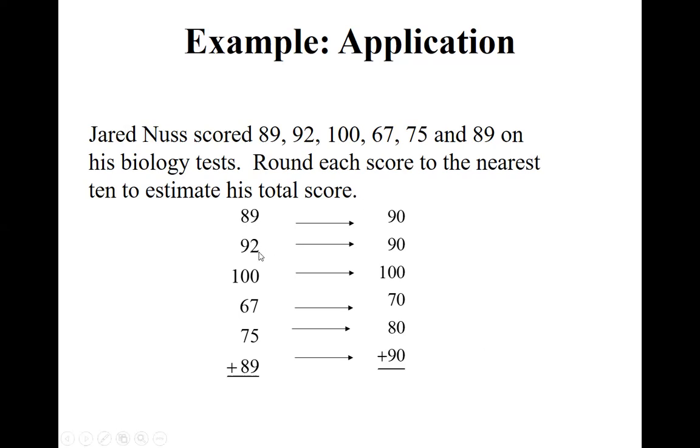Rounds up, rounds down, stays the same, rounds up, rounds up, rounds up. It's a little easier because we have a row of zeros, but 9 plus 9 is 18, plus 10 is 28, plus 7 is 35, plus 8 is 43, plus 9 is 52. So 52 with a 0 to the right, 520.